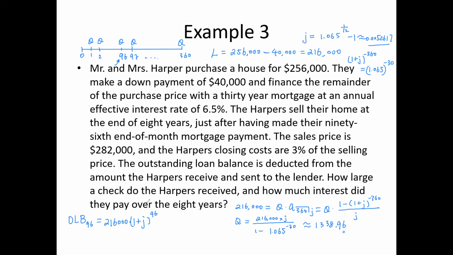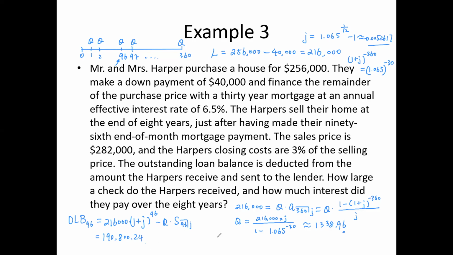And then you're going to subtract Q times s sub 96 angle J. Anyway, you're going to get $190,800.24.